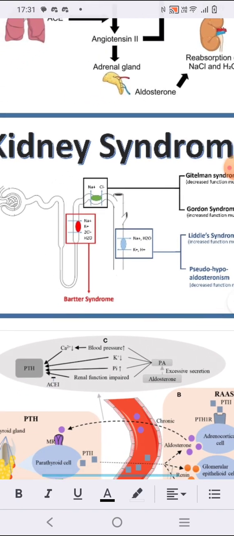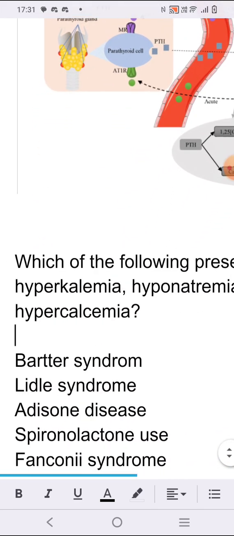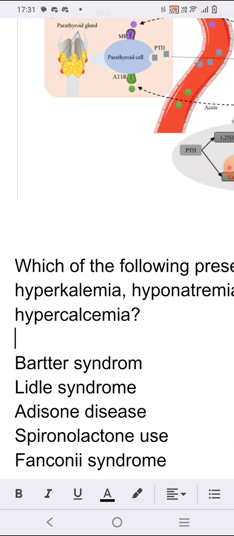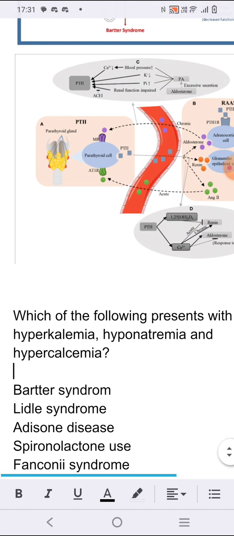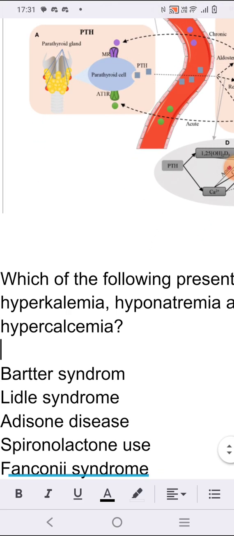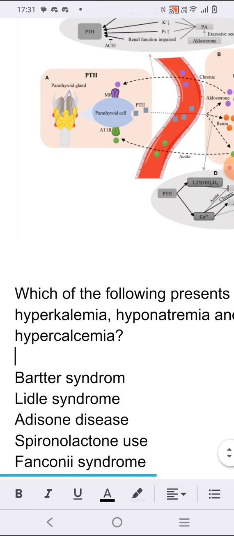So by knowing that, let's look at Bartter syndrome. Bartter syndrome decreases potassium levels, so hyperkalemia in this case is not the right answer choice. So Bartter goes away.